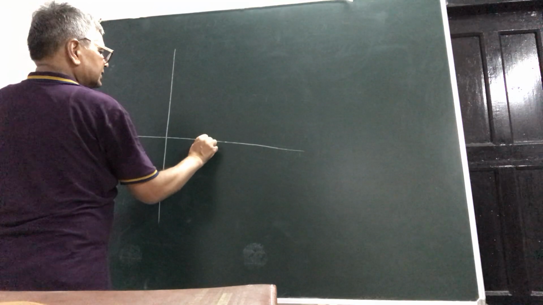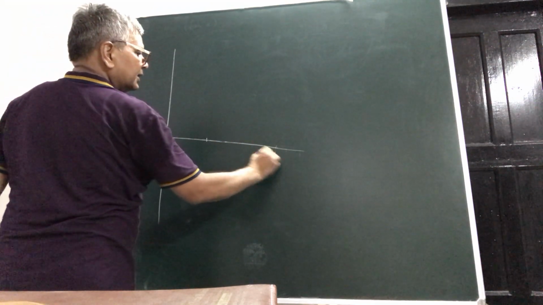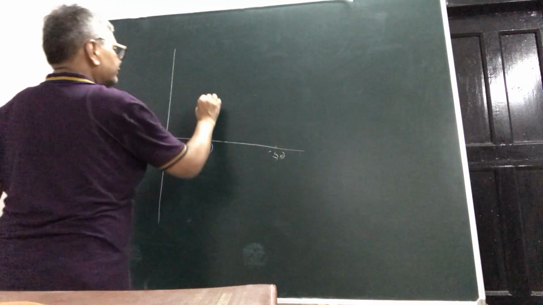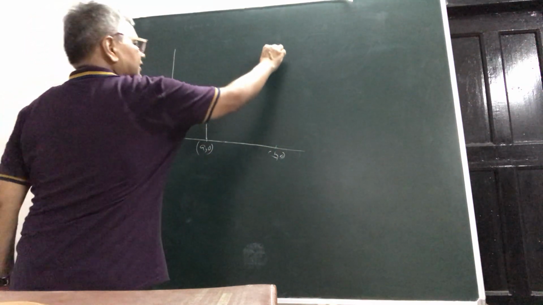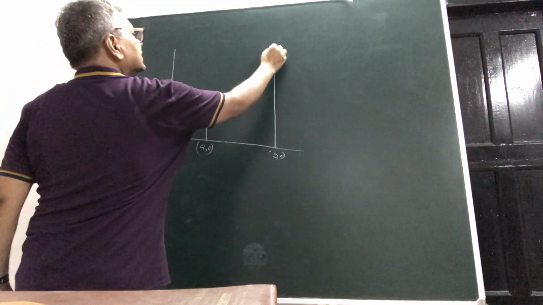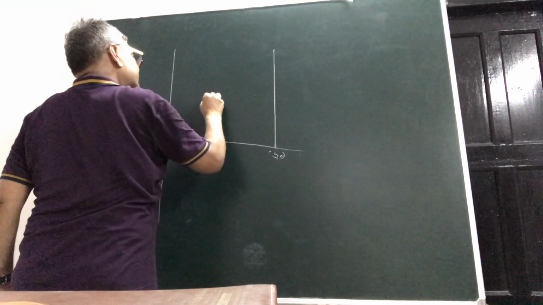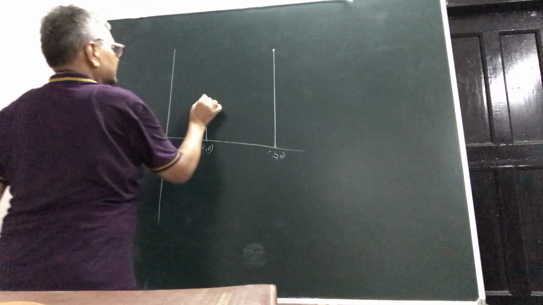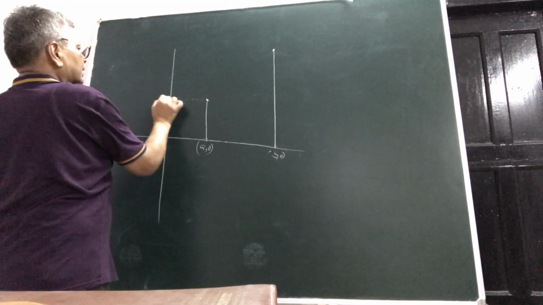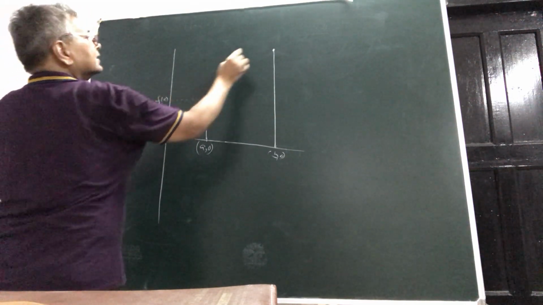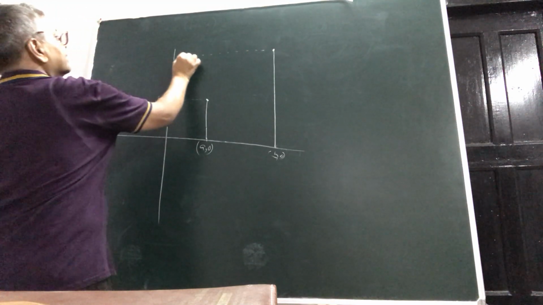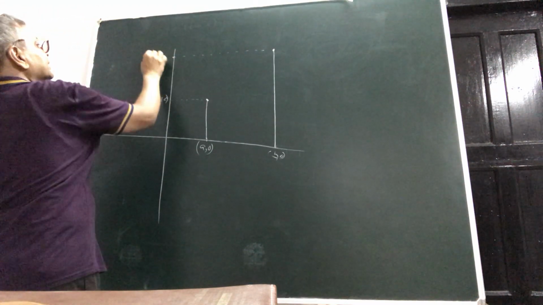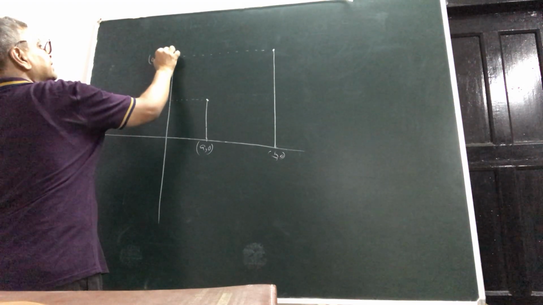Suppose this is A, this is B, this is 0 mark A, this is 0 B. The functional value here is this much, the functional value here is this much. This is f(a), and this is f(b).